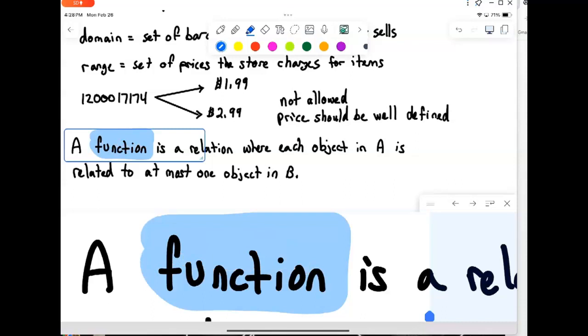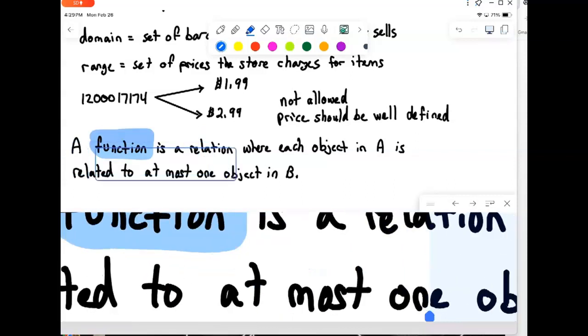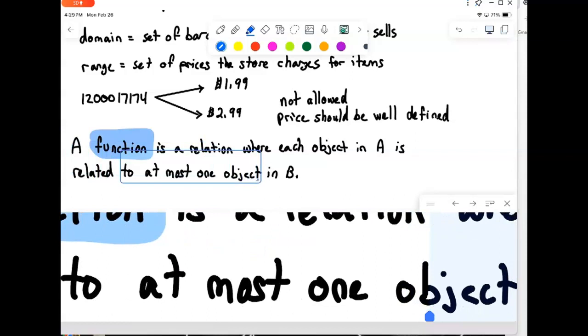It has a domain and has a range. It takes stuff from one set and relates it to other stuff in another set. But it follows another rule, and its other rule is at most one.